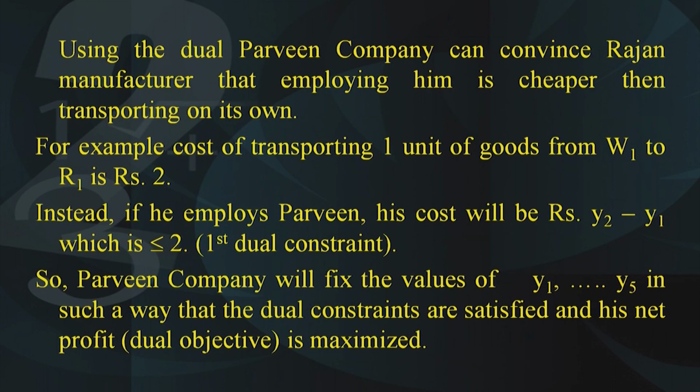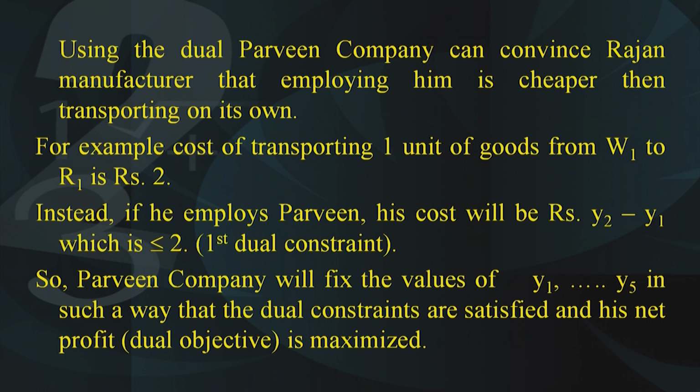Using this concept of the dual, the Parveen company can convince the Rajan company that employing him will be cheaper than by transporting the goods on his own.